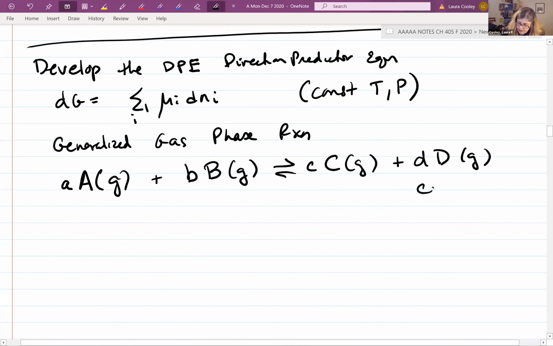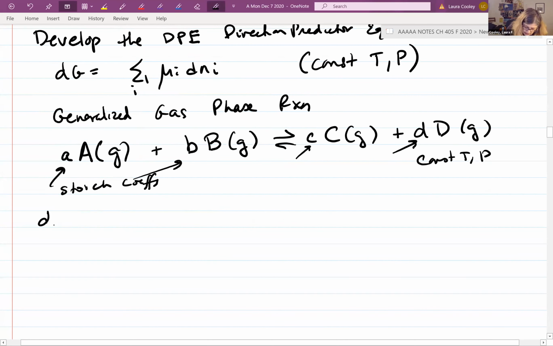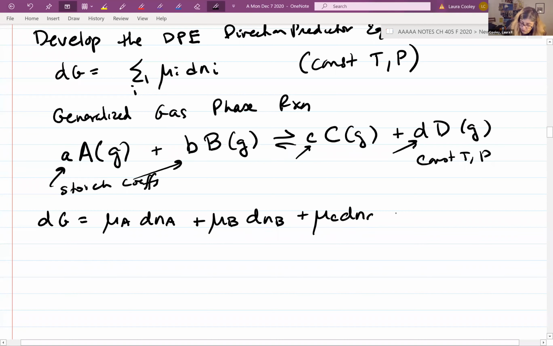And this is at constant temperature and pressure. And these, like I said, these are all stoichiometric coefficients. This one as well. And so our dG is a little more complicated, you know, it's mu_A dn_A plus mu_B dn_B. So you just have to add these all together.